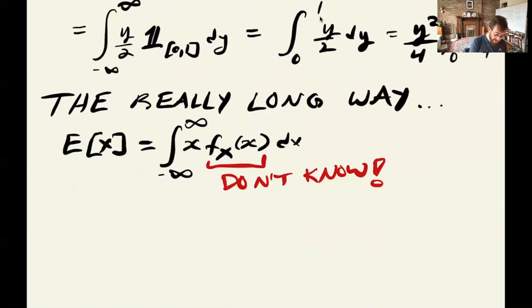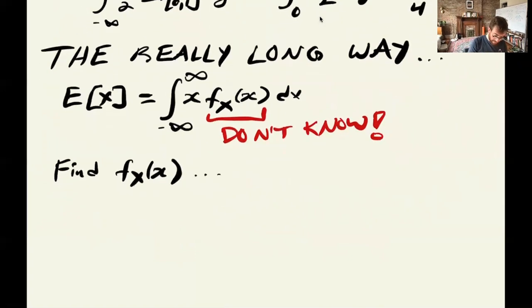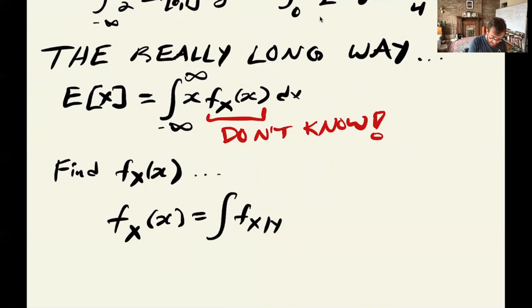So how do we find the PDF for x? Well, we need to use the following formula, and it looks something like this. So f of x at little x equals the integral of f of x conditioned on y, times f of y, now integrating out dy.